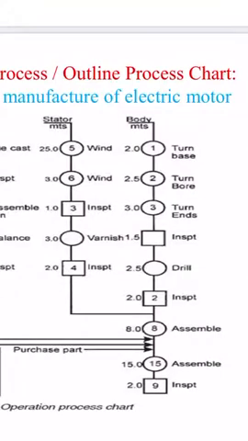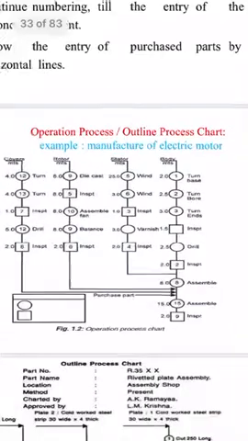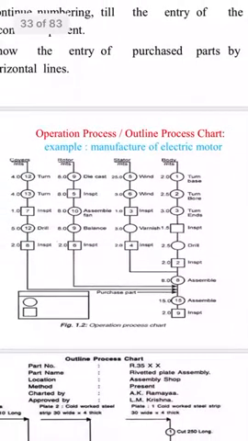On the right-hand side we have written assemble, and on the left-hand side the time required to complete this assembly is equal to 8. Then finally, after assembling, we need to inspect. In this way we can read, or construct, the operation process chart by following a simple procedure.